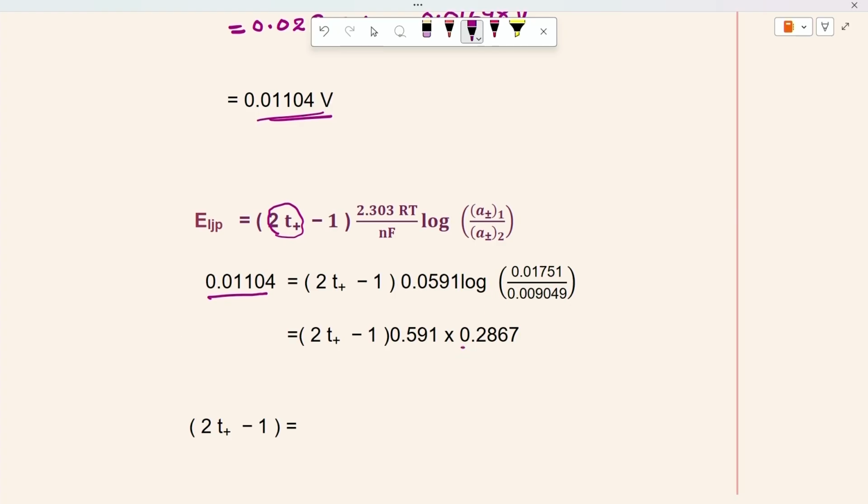Solving this, you get 2t plus minus 1 equal to 0.01104. Taking the other factor to the other side, it comes in the denominator: 0.0591 into 0.2867.